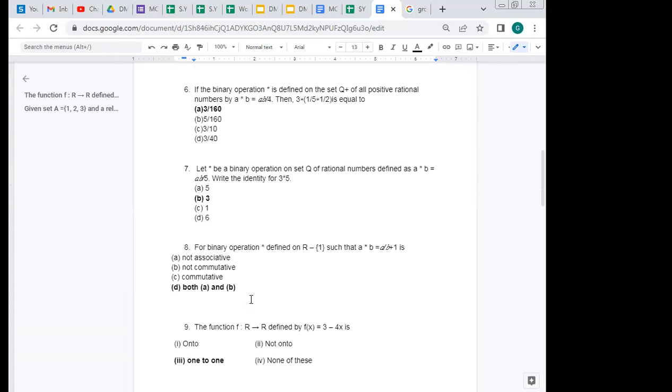Then we'll come to the sixth question. If a binary operation star is defined on the set Q plus of all positive rational numbers by A star B is equal to AB by 4, then 3 star (1 by 5 star 1 by 2) is equal to 3 by 160.